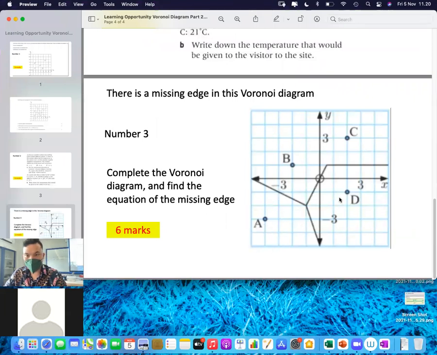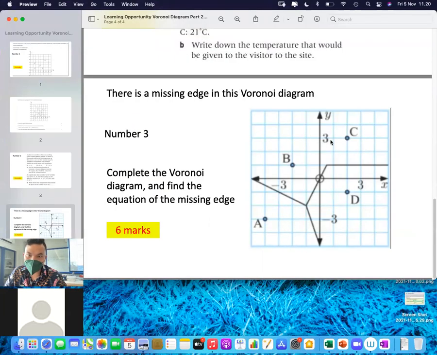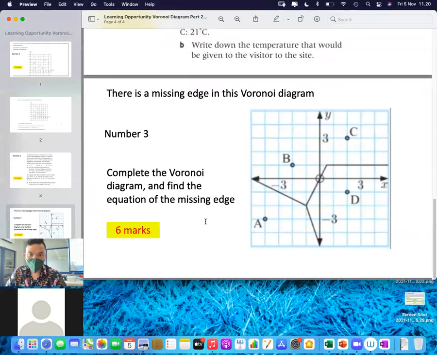AB already has the edge of the perpendicular bisector. AC is what we are looking for, and AD is also done. So the missing one is actually AC.